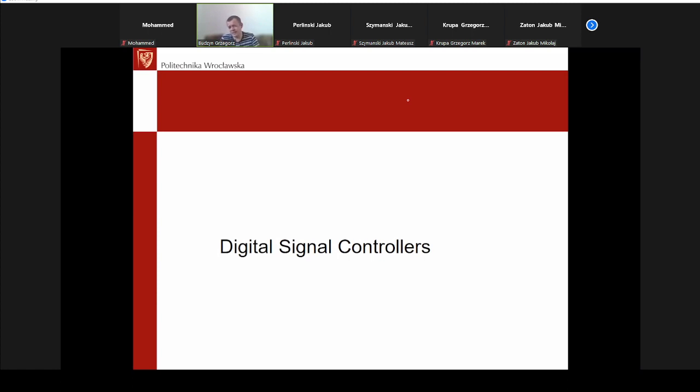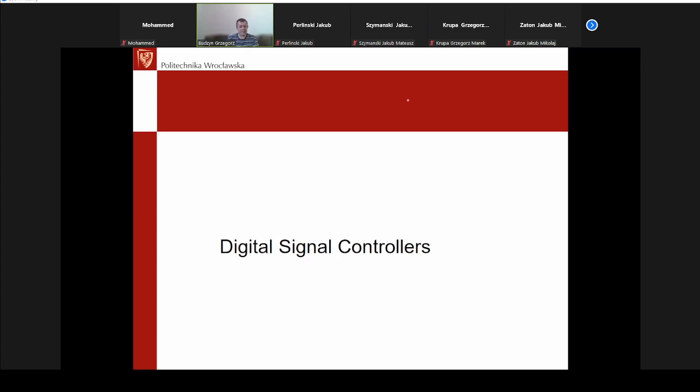I would say that the path of improving the microcontrollers won, especially with such beautiful examples of digital signal controllers like Cortex-M4F and especially Cortex-M7, where plenty of features are present for signal processing capabilities.